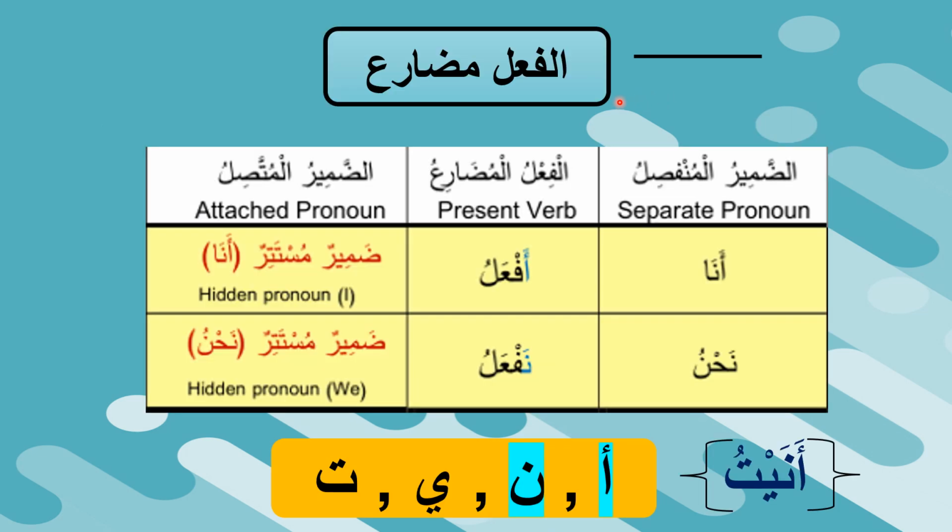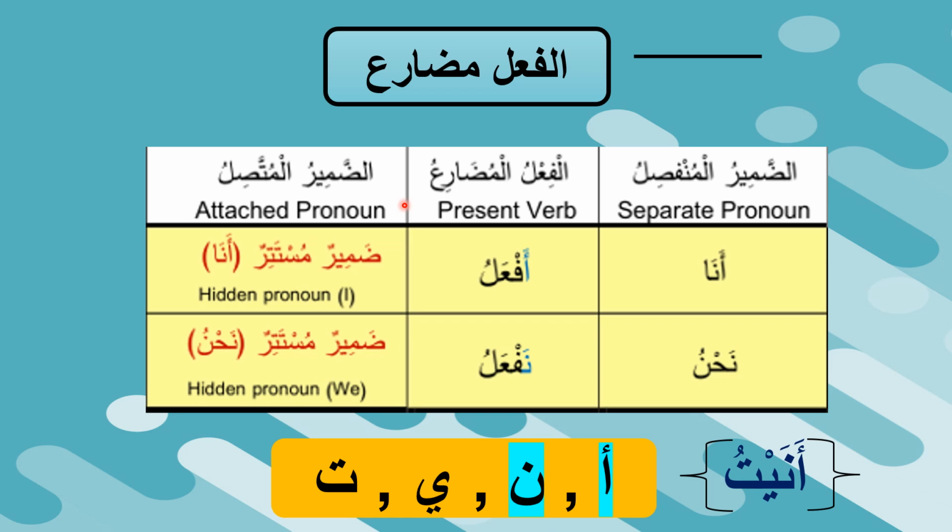In this slide, as you can see, there is a table of the separate pronoun, then the present verb, and the attached pronoun. So first of all, one may ask, how will you recognize a present tense from a past tense? How will you know that this verb is a past tense or a present tense?